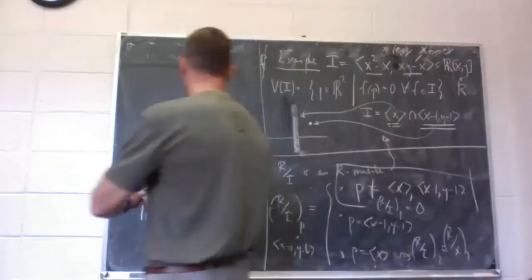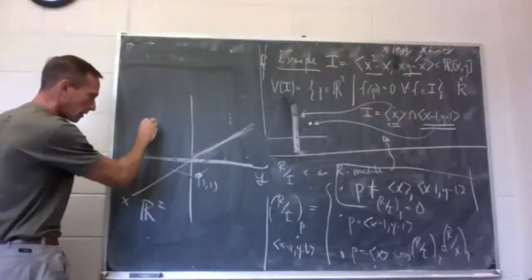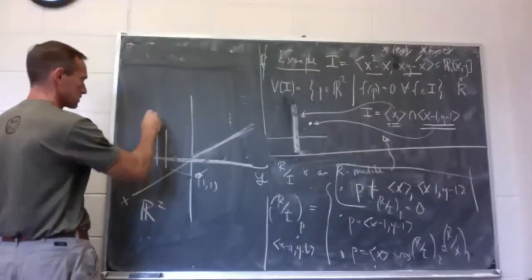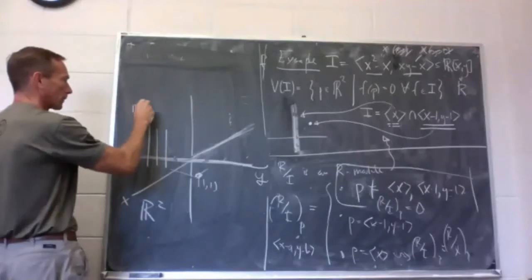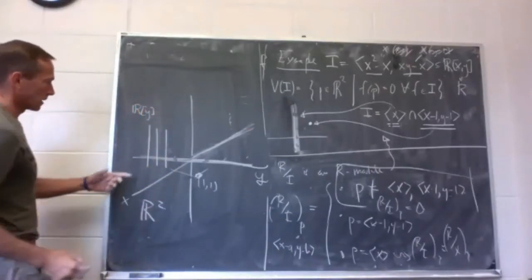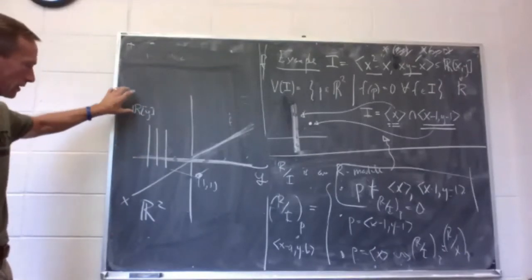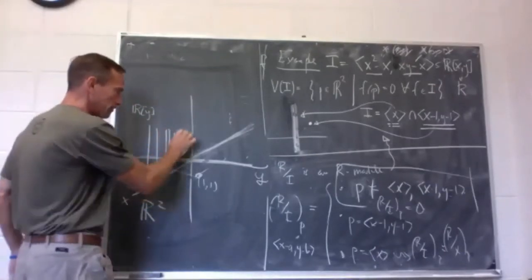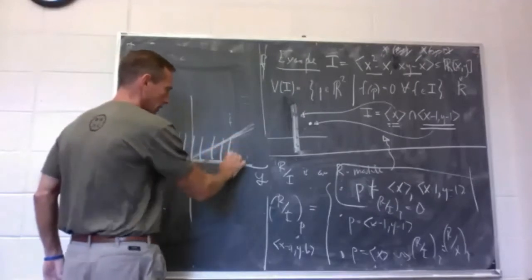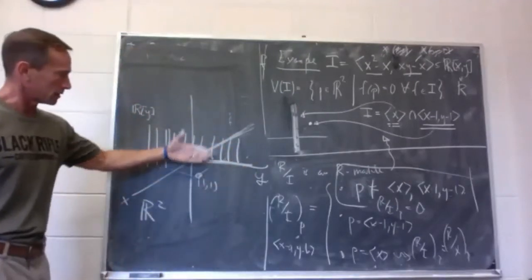So what I have essentially is a line over each of these things. I'm drawing R of y as a line, because I'm thinking geometrically. So the way we visualize this module is as a point and this line.